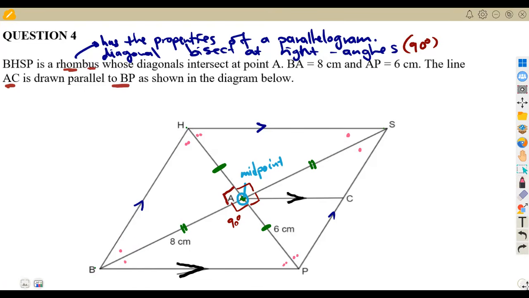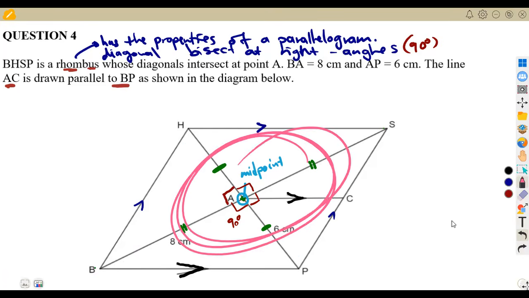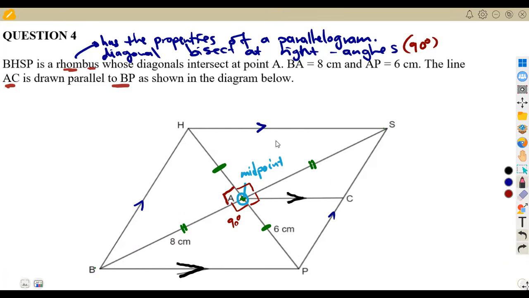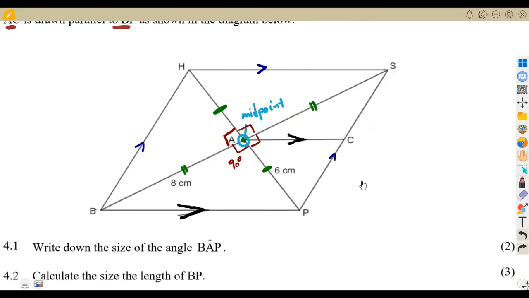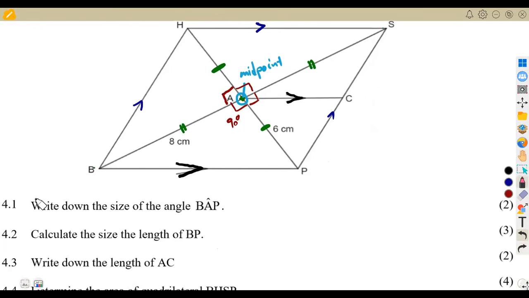All right, we shall talk about that. But what is important are the basic properties that I just indicated here. They are very, very important. Okay, let us see our questions. The first question is 4.1.